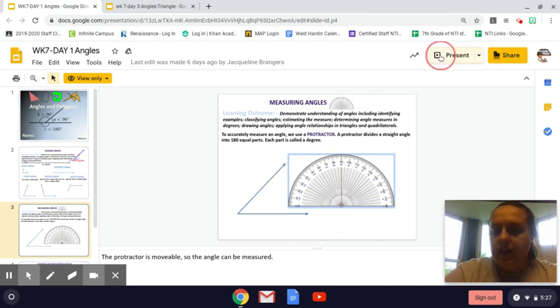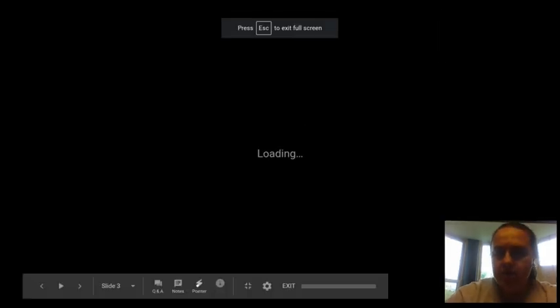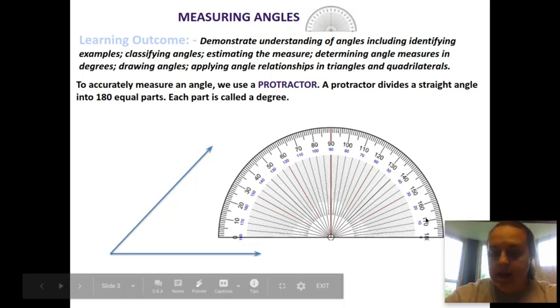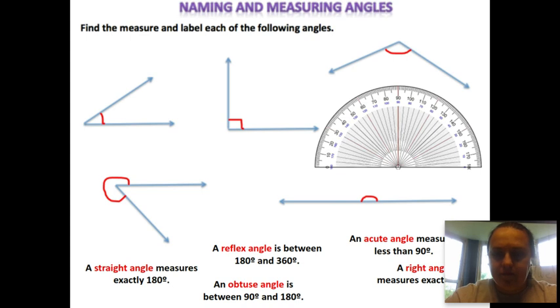But if I take my protractor and my angle, I need to put my vertex right here in this circle. If I were to measure this angle, since it opens up to the left, I'm going to use the blue numbers on the bottom. Keep that in mind.